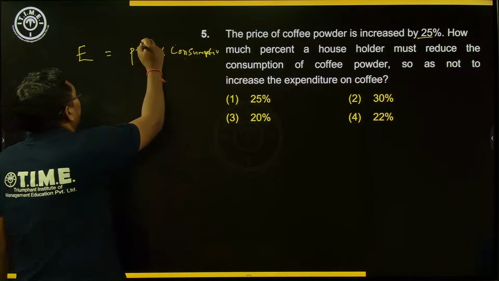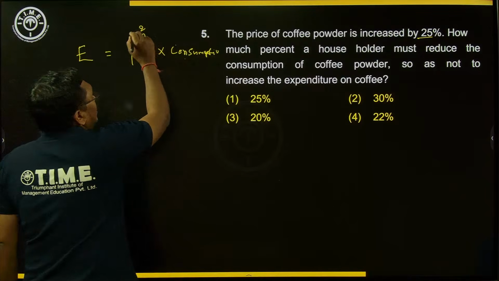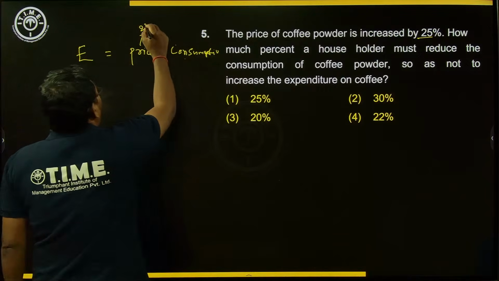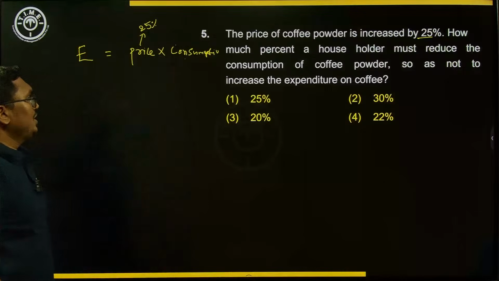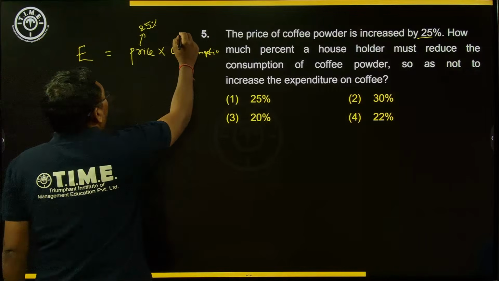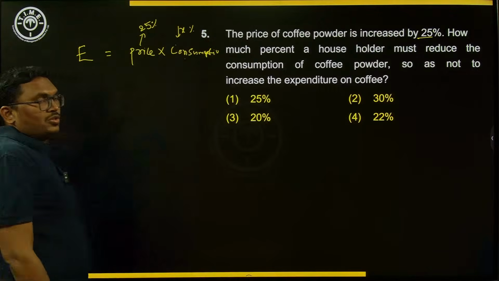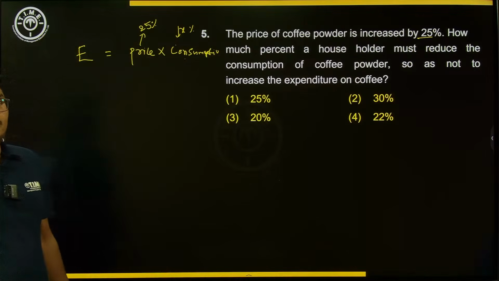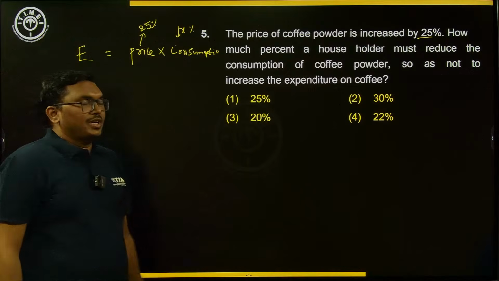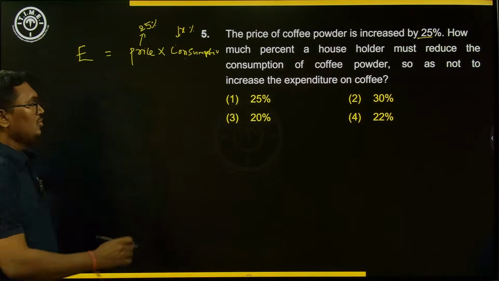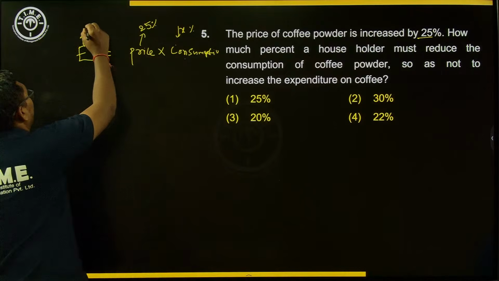Price is increased by 25%, right? So consumption is reduced by how much? We don't know. Let us say this is X% decrease. So what is the change in the expenditure? So there is no change in the expenditure. That means what? So it is 0%.